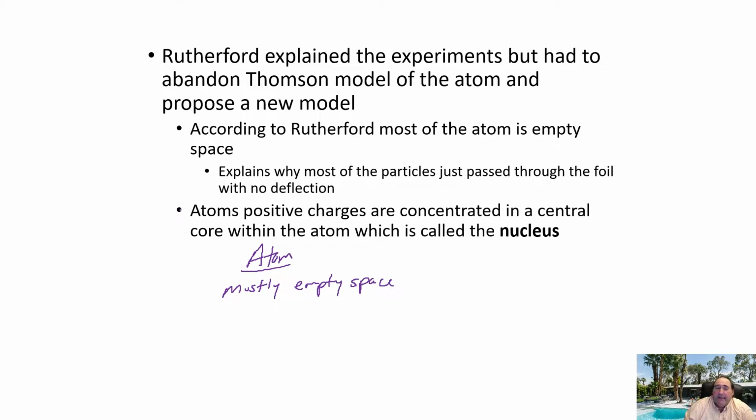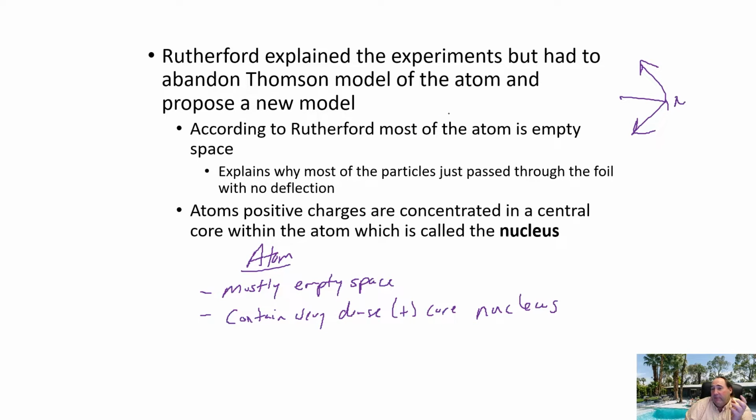He also explained that the atom had to contain a very dense positive core, which was later called the nucleus. And that also accounted for the particles that bounce off at these really big angles. So we have our nucleus there.